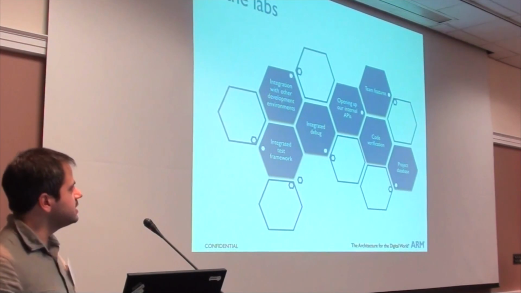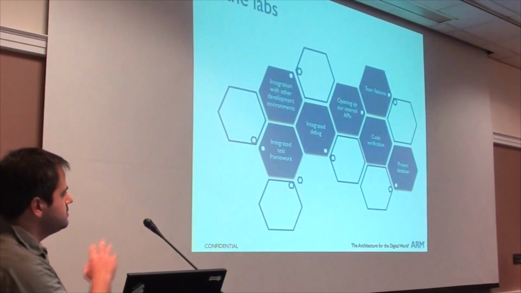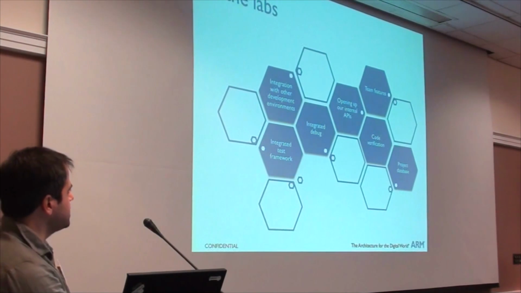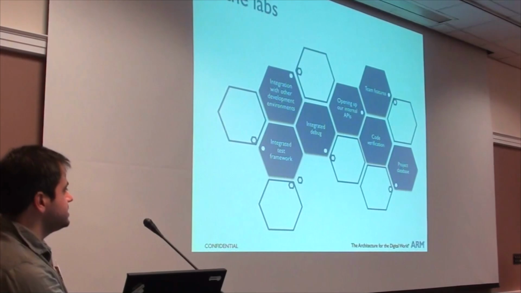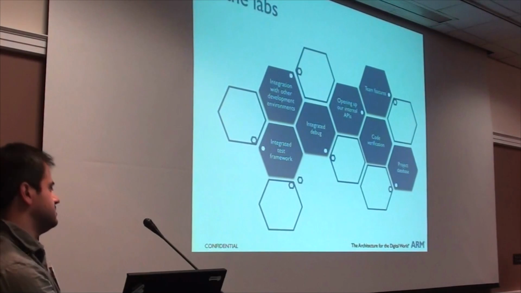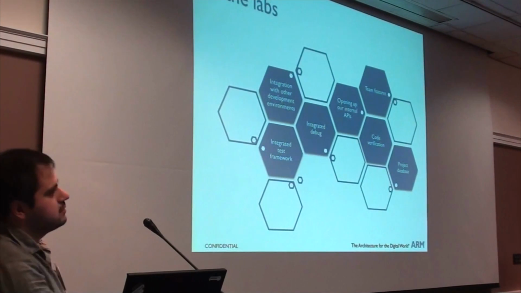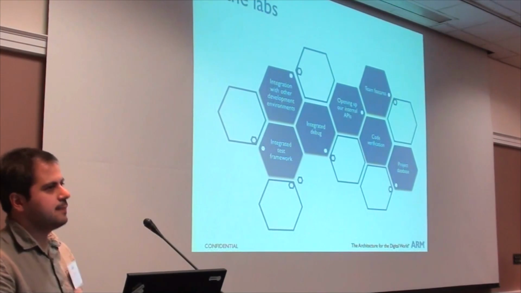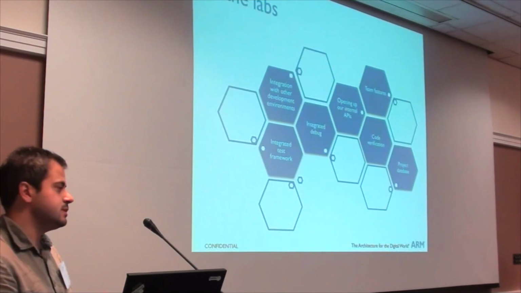The kind of things we're thinking of in the future, this is not a really prioritized list, but I will mention a couple of things. The integrated test framework is quite an interesting one. That will work with a combination of embedded software and also an online framework, which will say, for example, when you publish your program, you can publish a set of tests with it.